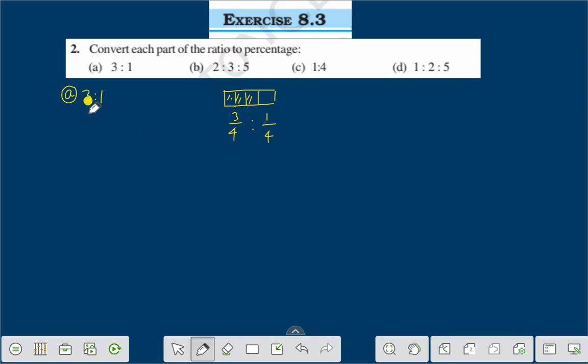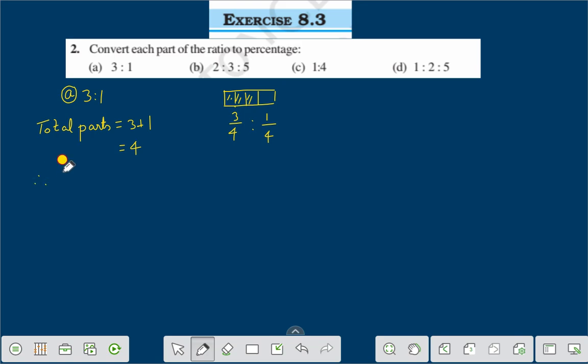Right? That means total parts is equal to 3 plus 1, which is equal to 4. That is, total part is 4. Therefore, you can write the fractional part.